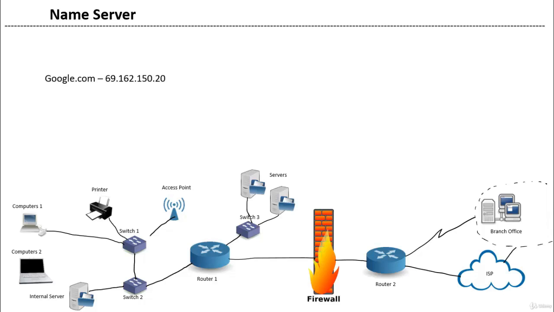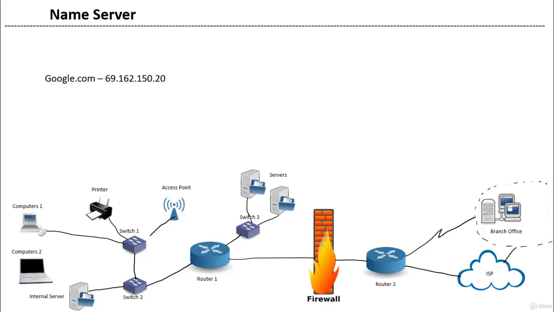The DNS would reply with the IP address of the machine hosting the web page, like 69.162.150.20. The user's computer would then use this IP address to communicate with the Google web server, and the user could interact with the Google web page.